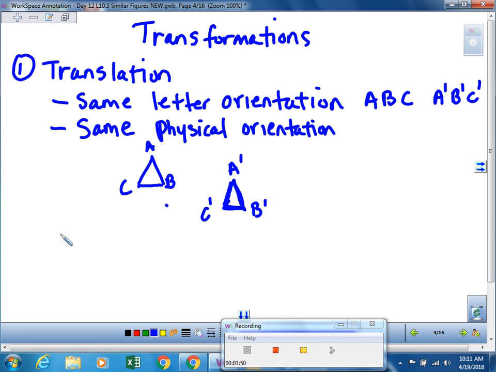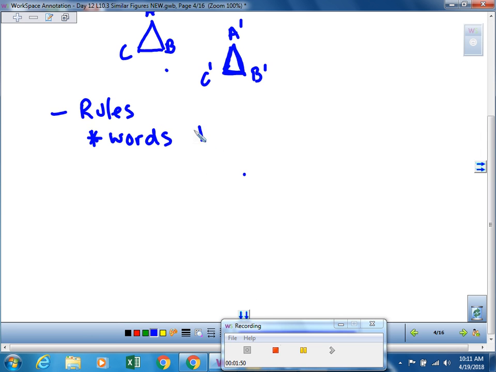So now we're going to look at the rules in words. So the first one is words. The rule in words. You must start off with the word translation. So I still saw that today where I didn't see the word translation.